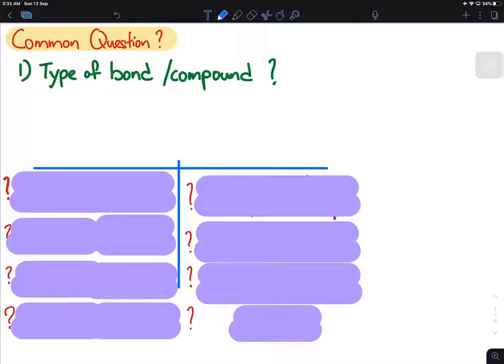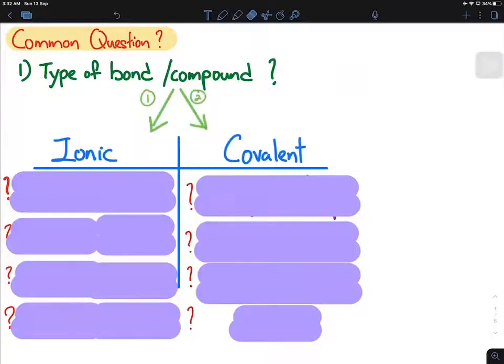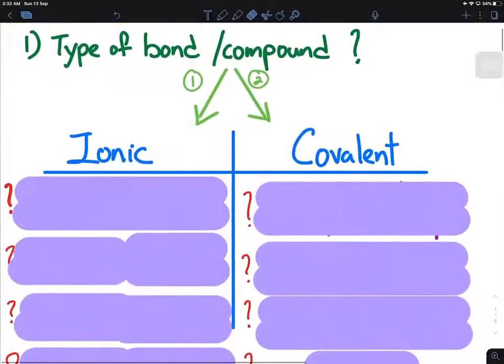So the first common question they can ask you in this chapter is, what is the type of bond or the type of compound? When you see this question, your answer will only be these two. Which two? Ionic or covalent.